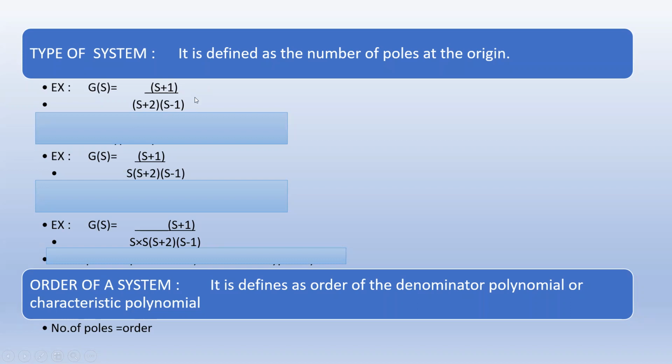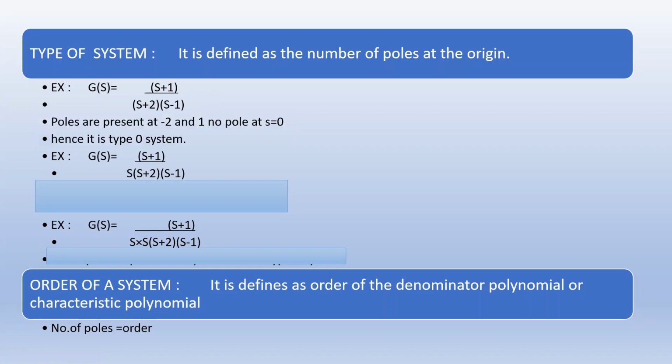Overall, we don't have any pole at s equal to 0. So as there is no pole at s equal to 0, we can say that this is a type 0 system.